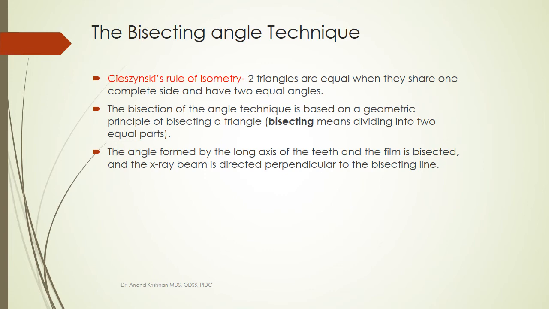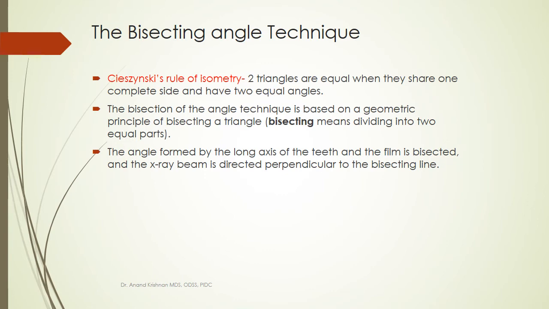The bisecting angle technique is based on Cieszynski's rule of isometry, or they just call it the rule of isometry. When two triangles are equal and they share a complete side, then they have two equal angles. It means that the dimension of both the triangles on either side is going to be the same.